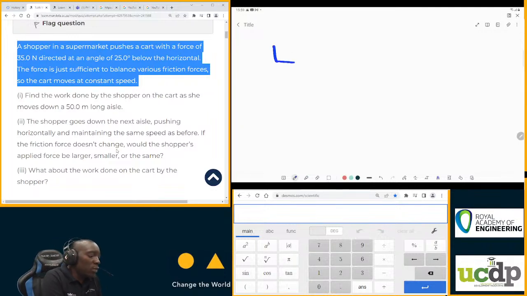So that's the cart, right? And what are we told about the cart? Those will be the wheels there. And the force is 35 newtons at an angle of 25, so it's pushed. If it's a push, then this is the direction of application.